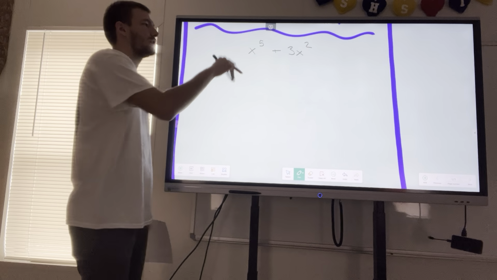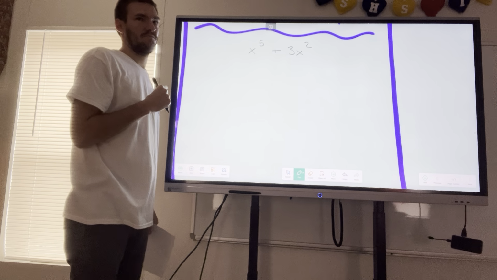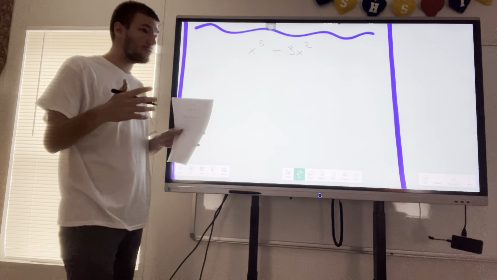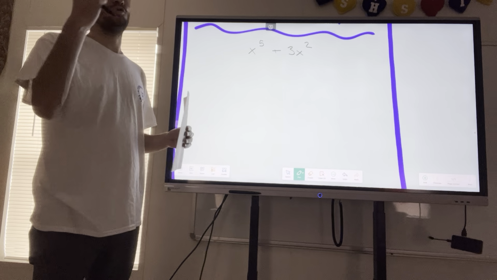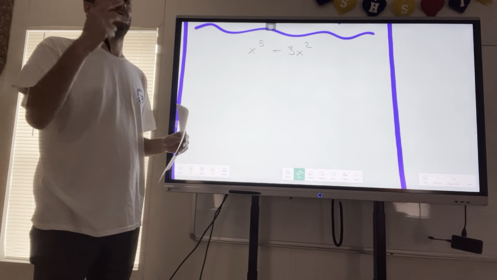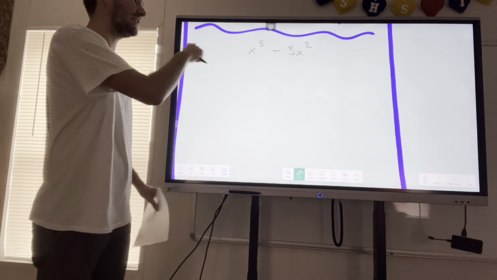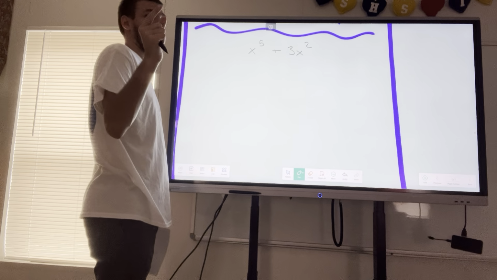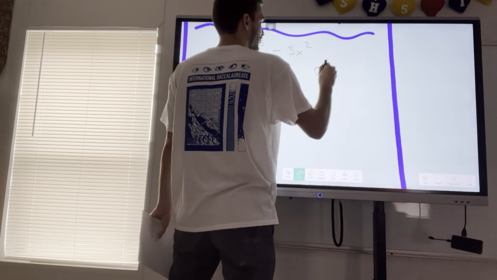What rule would we use to take the derivative of this function? Power rule. And so power rule, relatively simple, relatively straightforward. What are the 2 steps for power rule? The first thing that you do, if I was going to take the derivative of this, multiply by what? The power. Exactly. So we kind of have 2 rules here, right?